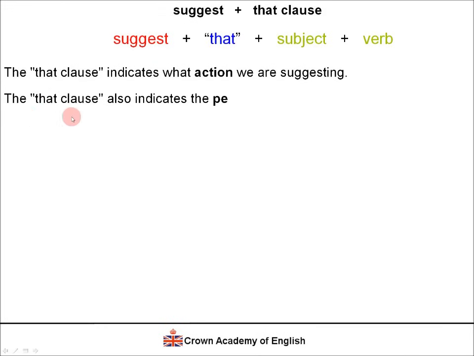It also indicates the person doing the action, because we have a subject here. Okay? We now have a subject for this other verb, so we know who the person doing the action is.